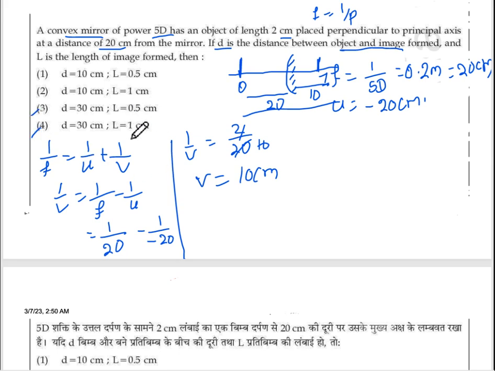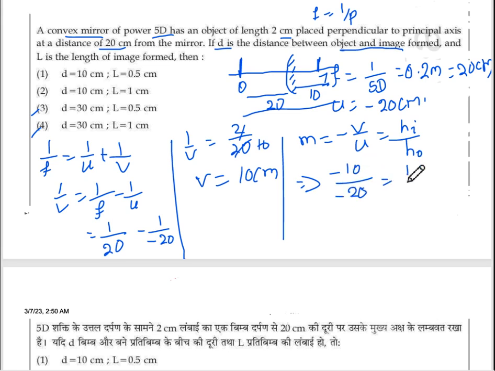Now I have to find its magnification to know the length of the image. As you know, the magnification formula is minus V by U, which is also height of image by height of object. Just solve this: minus 10 by minus 20 equal to Hi by Ho, which is given as 2 centimeter.